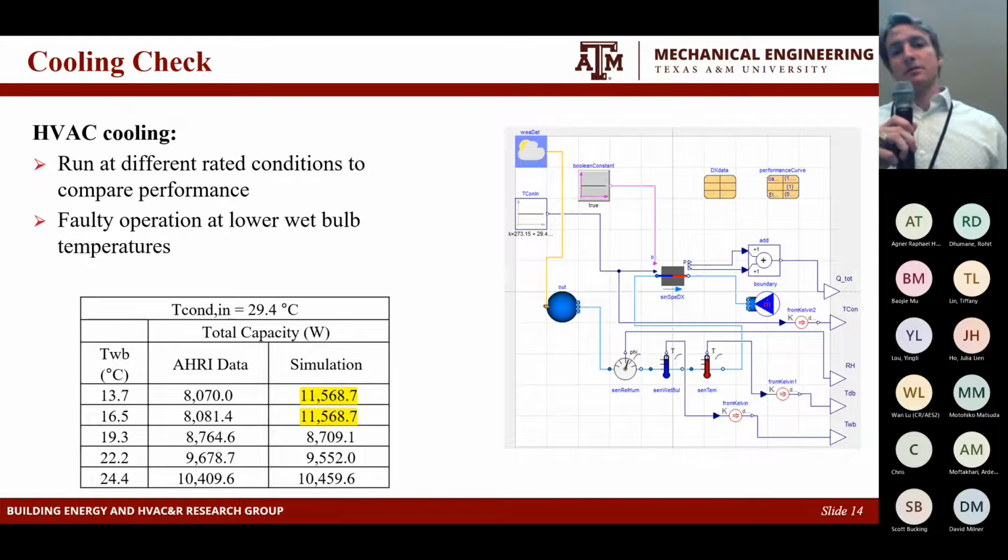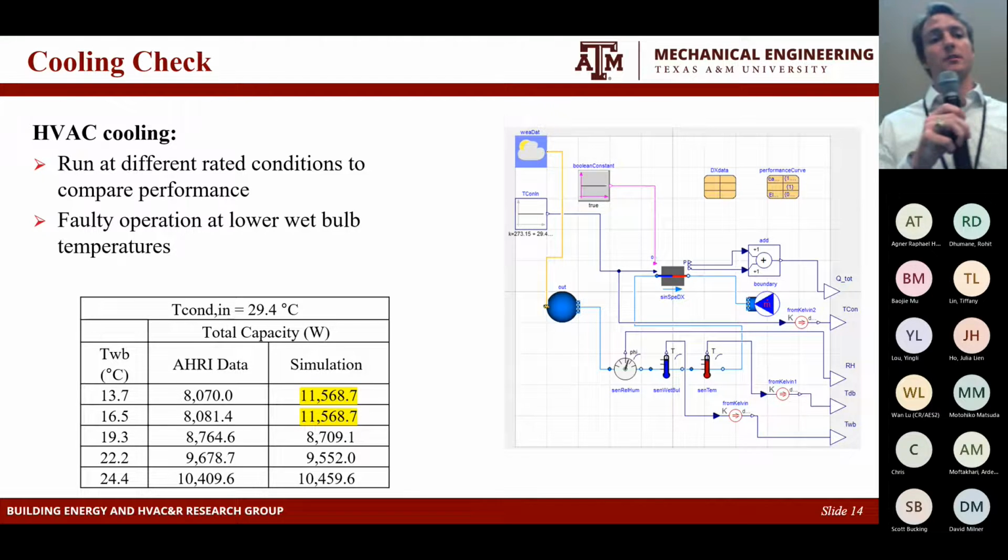What we did here was take an example inside of the Buildings library DX coil, where they test the single speed DX coil. And we used our rating conditions from the AHRI table to test these conditions to see that our performance made sense. Unfortunately, we were not able to figure out why at low wet bulb temperatures at the evaporator, the cooling capacity was not able to represent the actual cooling capacity.